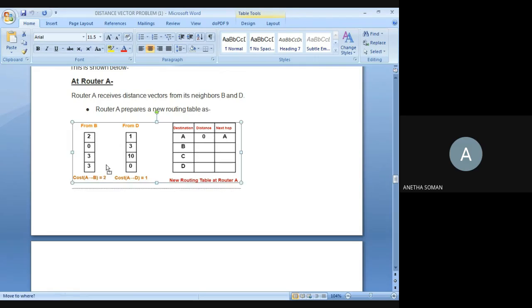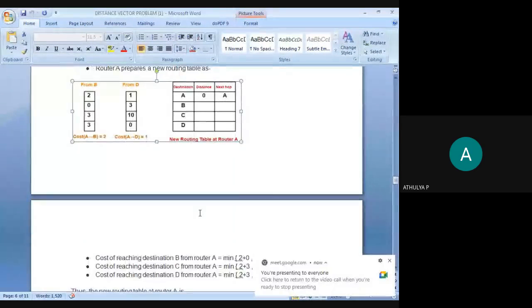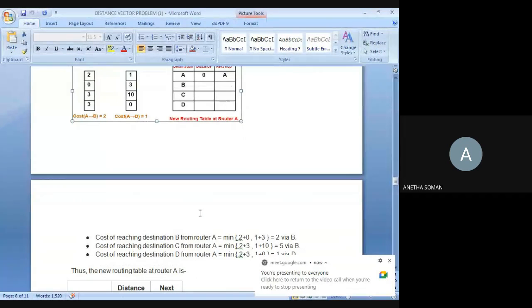So this 2 plus 0 you will be getting and 1 plus 3. Is it not? Minimum value 2, of 2 plus 0 and 1 plus 3 you will be getting. So what is the minimum value? Minimum value will be equal to 2 via B, right?